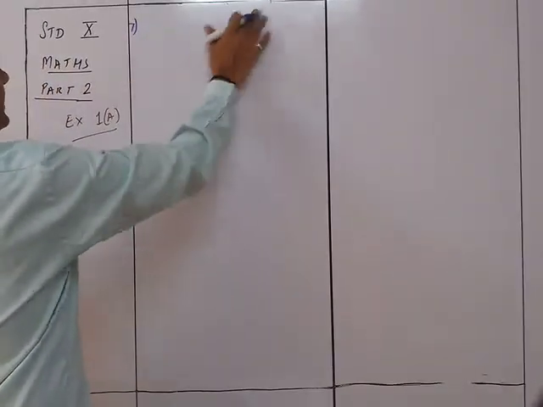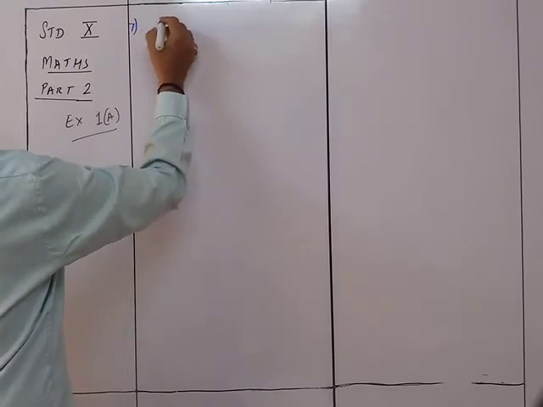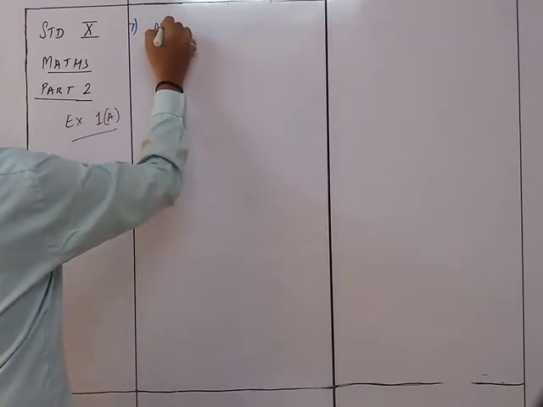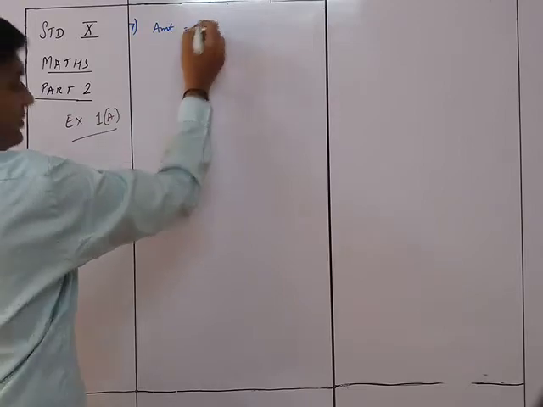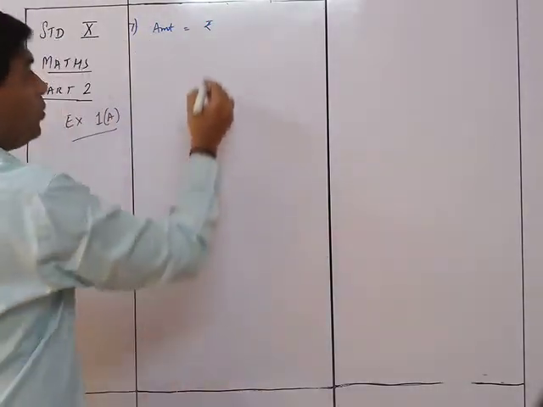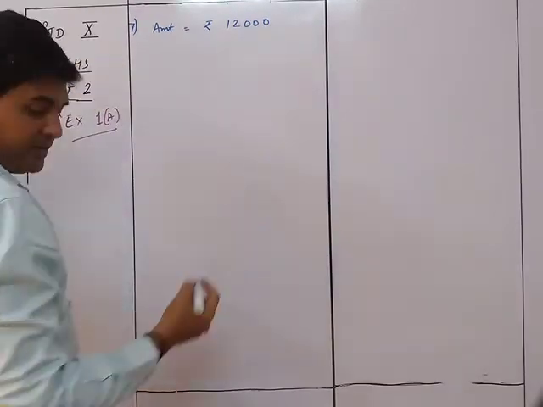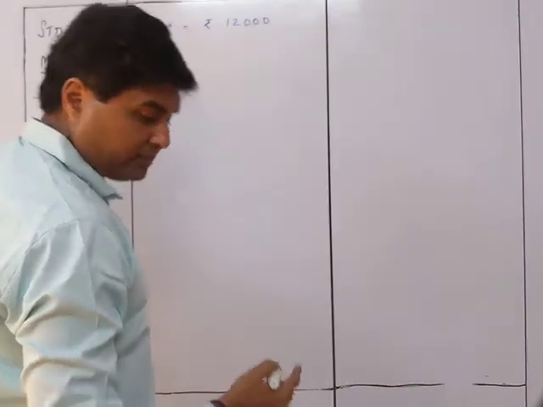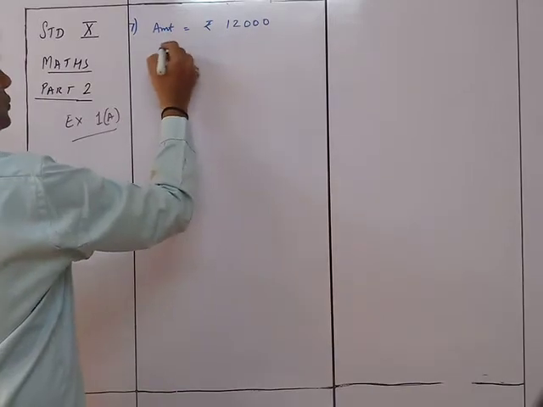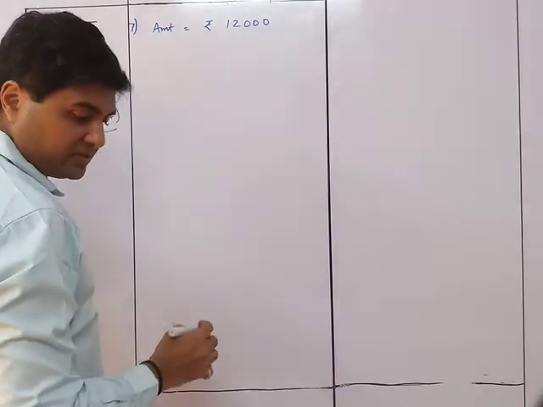So first thing is, amount is equal to rupees 12000. Let's find out separately. I'm just going to add up the things later on. So discount is 30%.